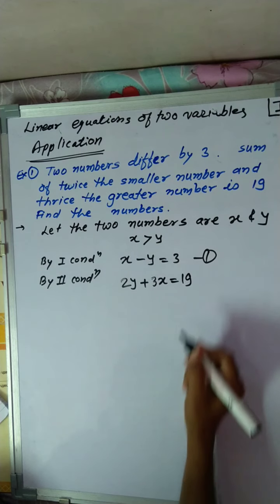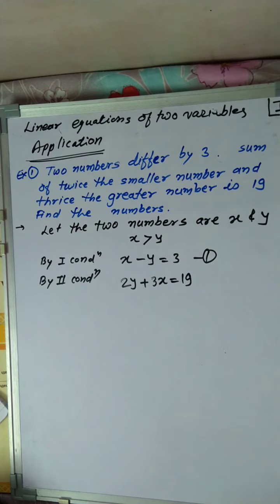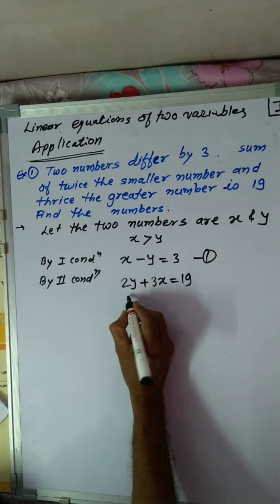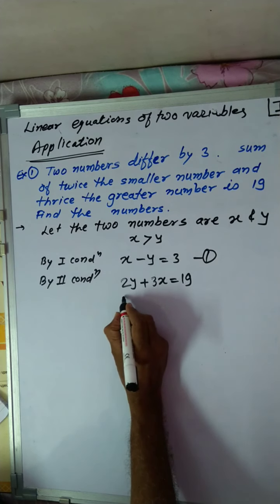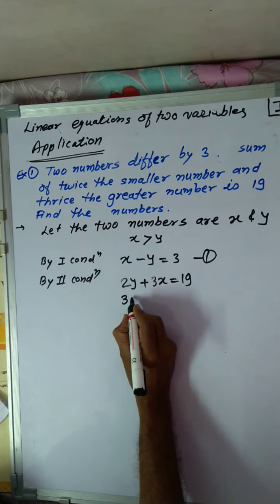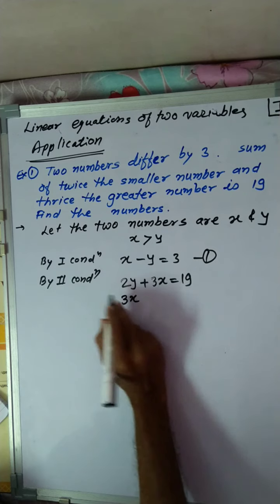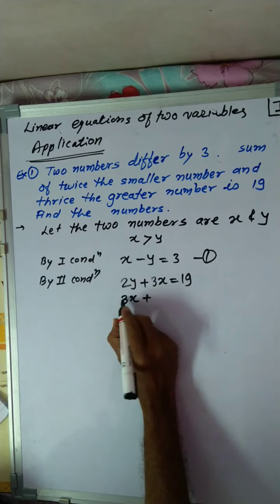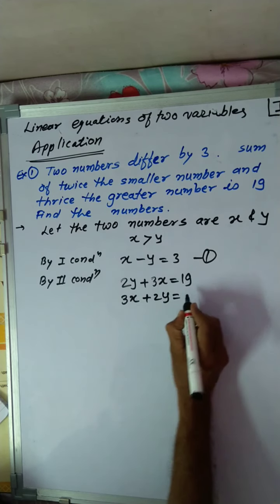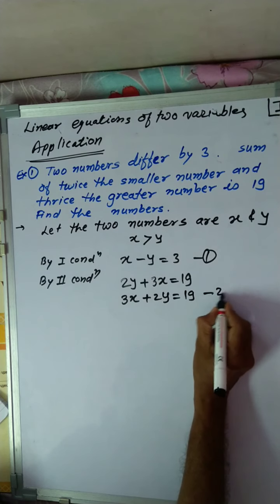So 2y plus 3x is equal to 19. We arrange this with 3x first: 3x plus 2y is equal to 19. This is equation number 2.